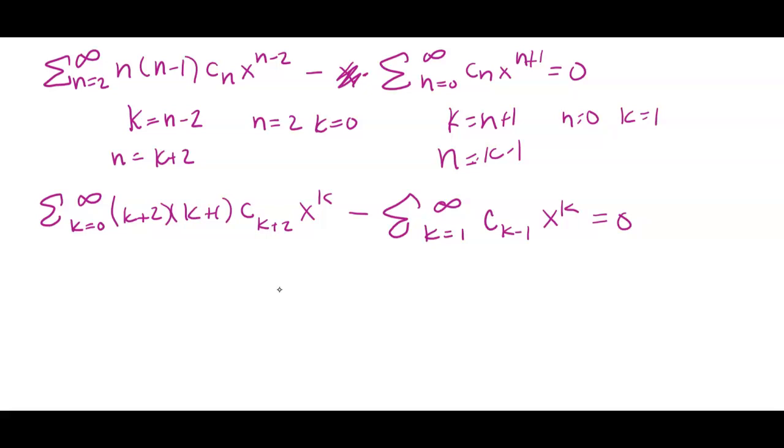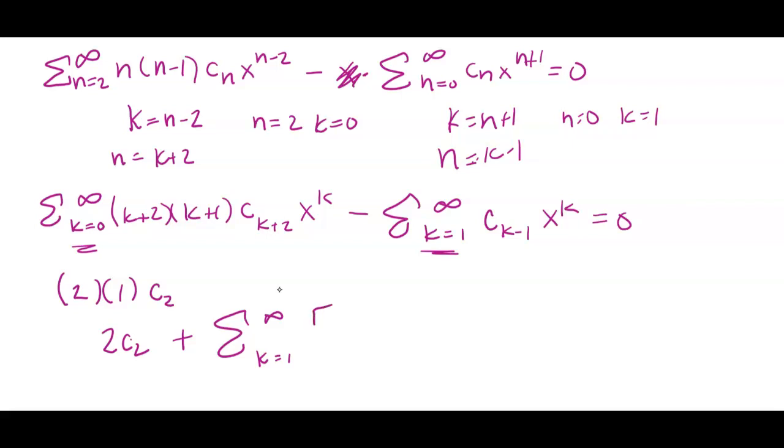All right, well, I need these to start at the same one, so let's plug in 0. I get 2 times 1, c2, x to the 0, so 2c2 plus, and now I can combine these into one summation, one series.